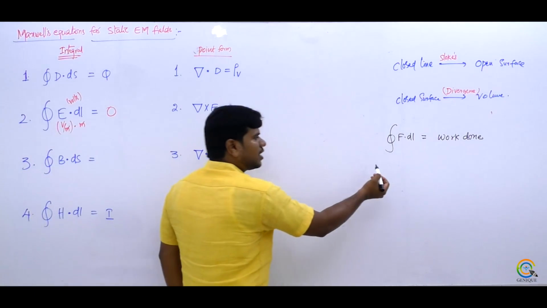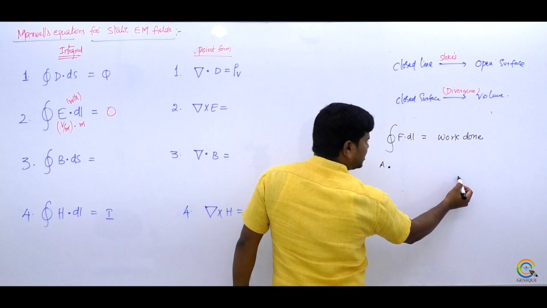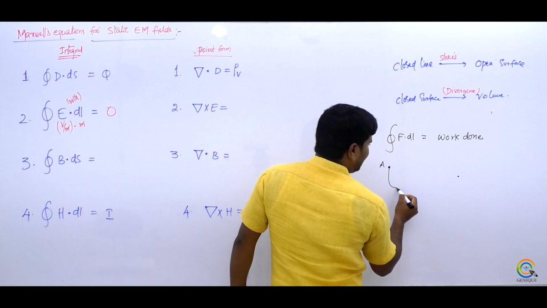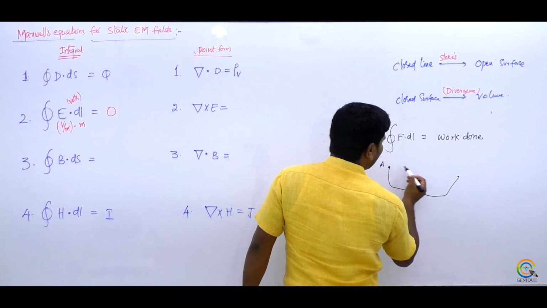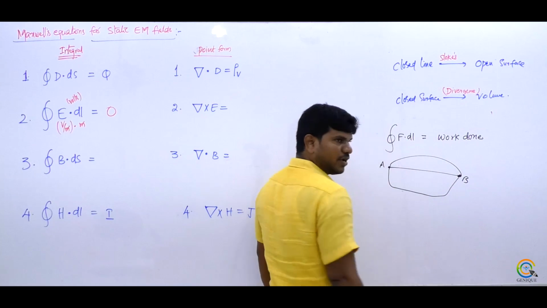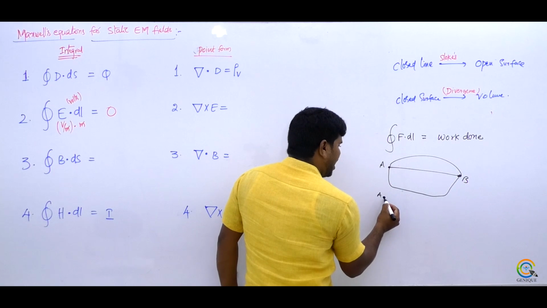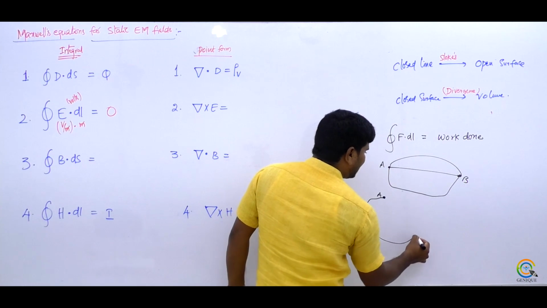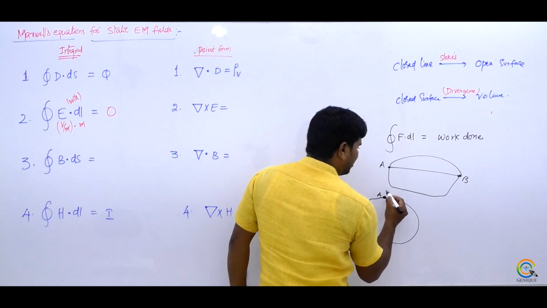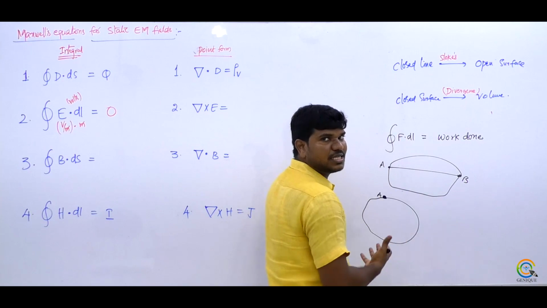Suppose what does work done mean? Suppose you start from point A and reach point B, then in any of the ways, it can be said that you have done some work. Suppose you start from A, go around and come back to A, then the work done is 0.